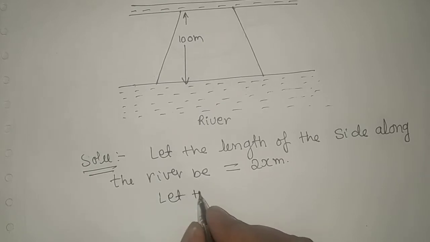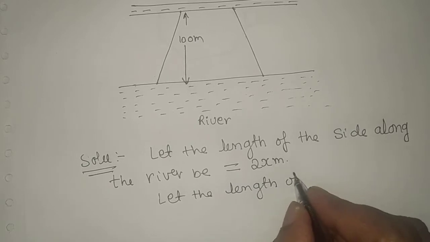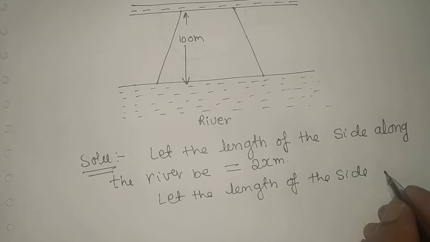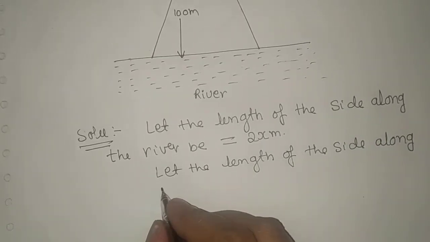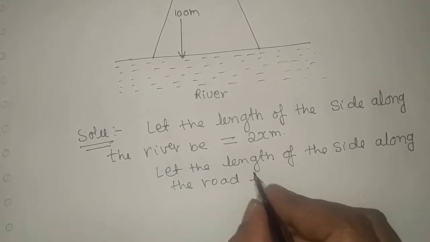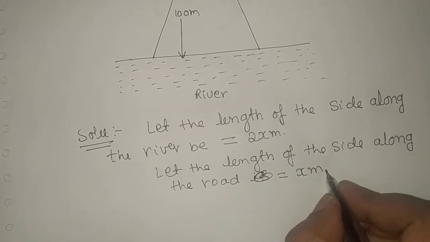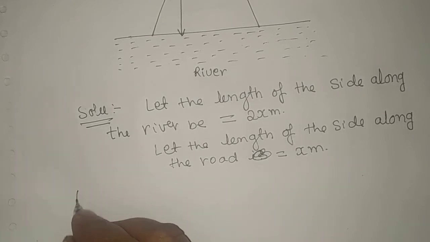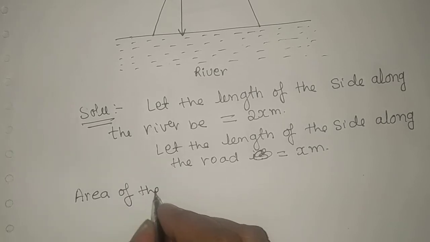Next, let the length of the side along the road be x meters.